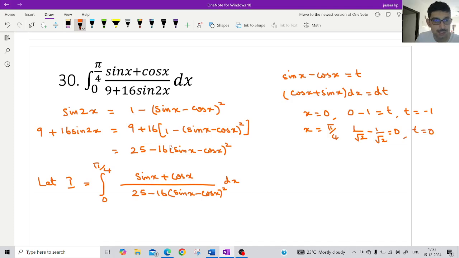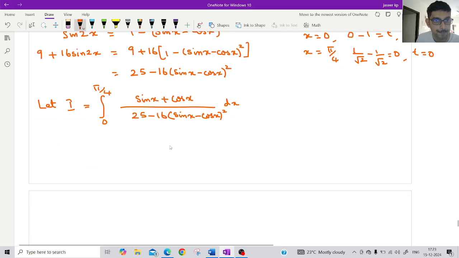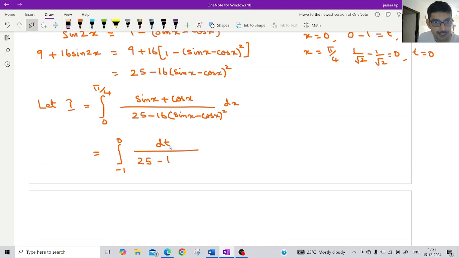So it will change to integral from minus 1 to 0 dt by 25 minus 16 t square. Now using the formula, integral dx by a square minus x square equals 1 by 2a log of a plus x by a minus x.